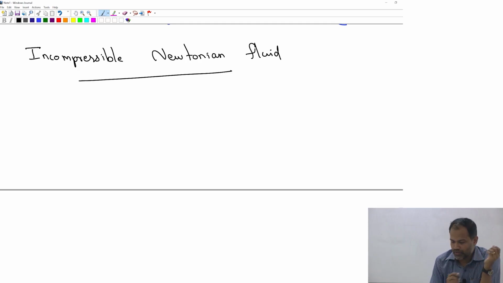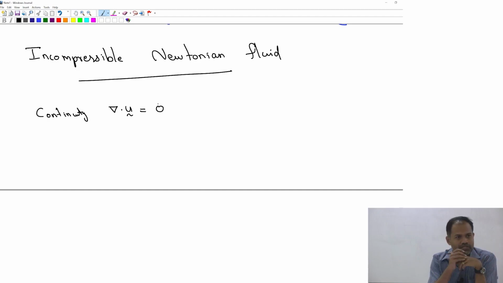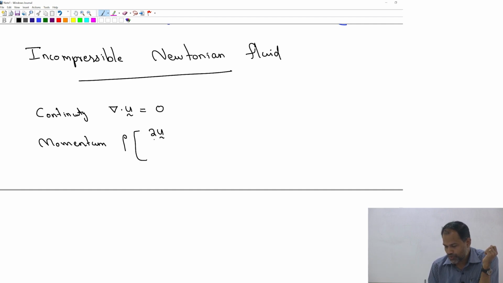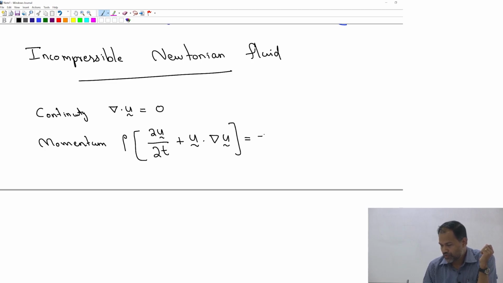Continuity equation for an incompressible fluid is simply divergence of u equal to 0, and then the momentum conservation equation is rho times (dou u by dou t plus u dot grad u) equal to minus grad p plus mu del square u, in a general coordinate system.